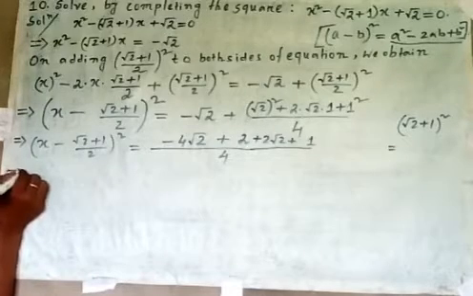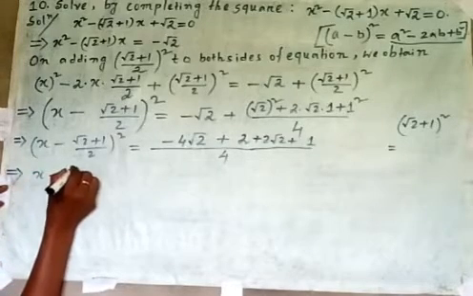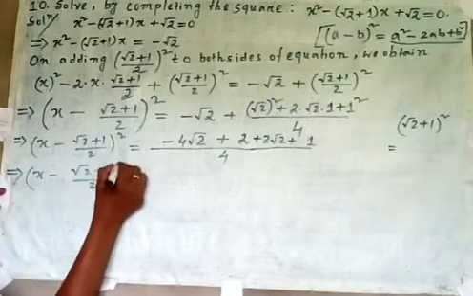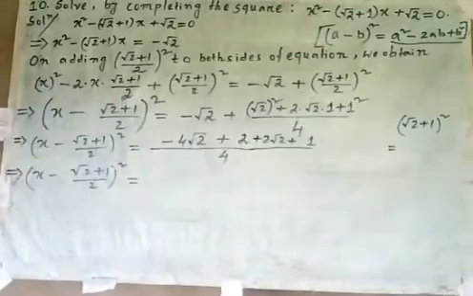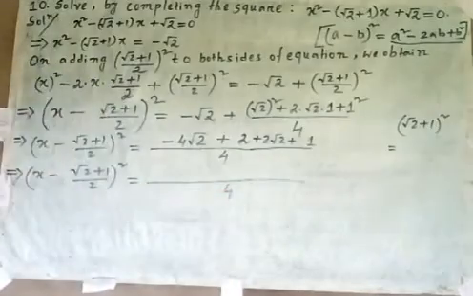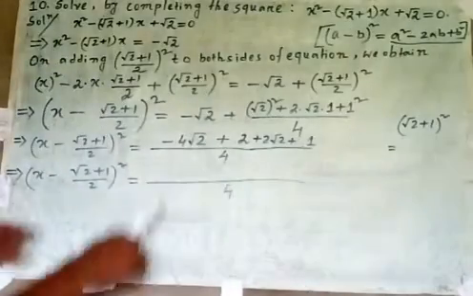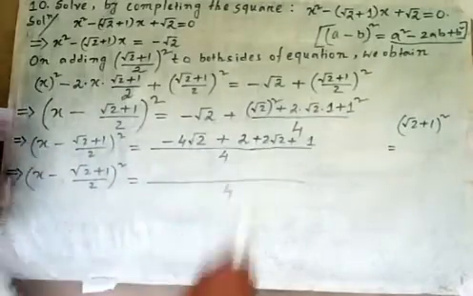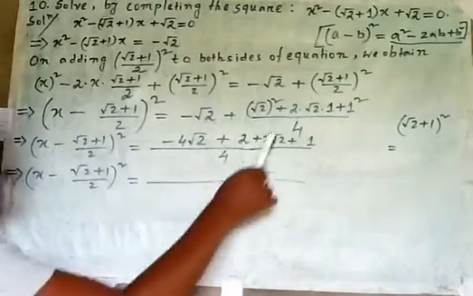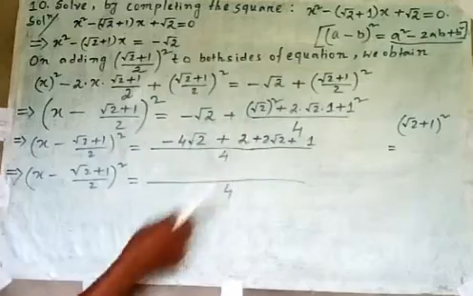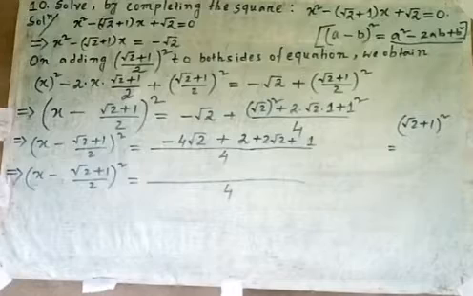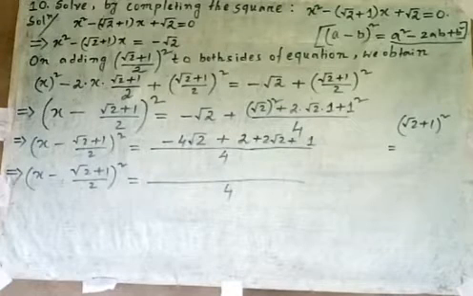This implies (x − (√2 + 1)/2) whole square is equal to 4, this 4 is 4, then minus 4√2 plus 2√2, what will it be? Plus and minus, what do we have to do? Minus. Then we have to see the bigger number, 4 and 2, which one is bigger? The big one is 4, so before 4 the minus symbol means it will be minus something.